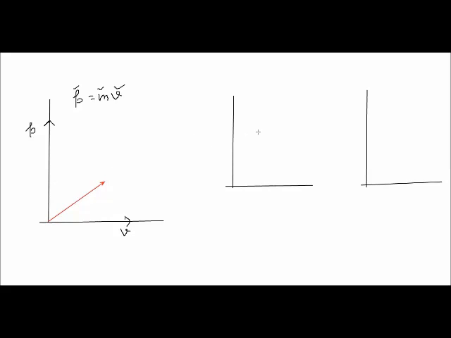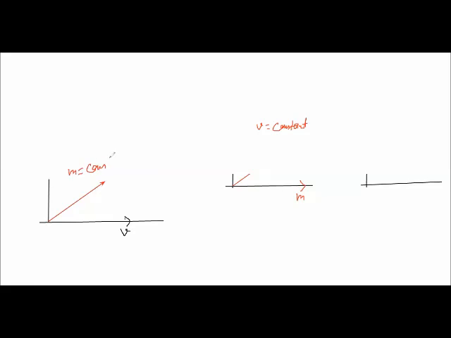If we are talking about momentum and mass, then also the graph is like this, momentum P and mass, when velocity is constant, and in the first graph mass is constant.